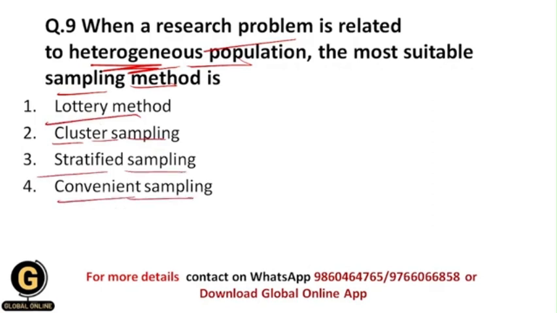All of you understood that in such a situation you need to follow the stratified sampling technique, because a heterogeneous population includes people who have different characteristics, and that's why we need to make subgroups of this population and select the samples randomly from each subgroup. All of you getting? Okay, whenever there is a heterogeneous population, the stratified sampling technique will be more feasible.